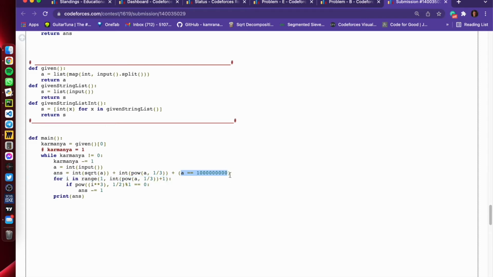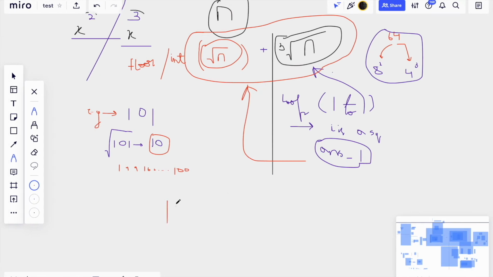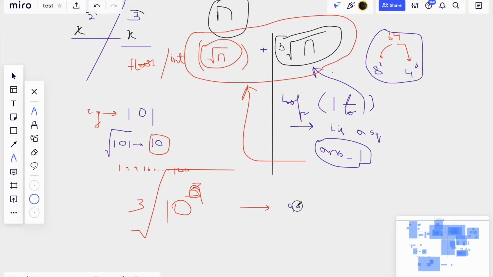I don't know why I was getting this error, but I just noticed it in the test cases. If it is equal to 10 power 9, then the cube root of 10 power 9 in Python was actually giving me 999.999 something.